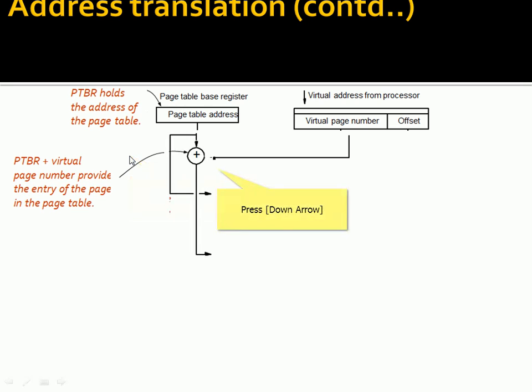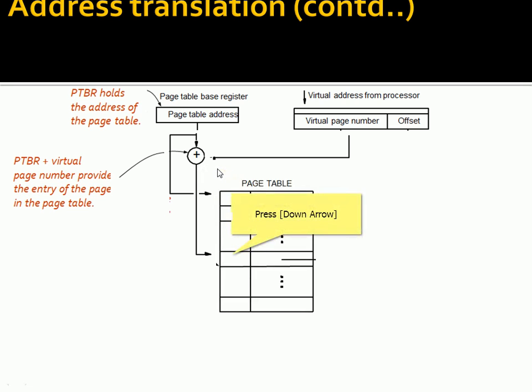The page table base register is the starting address of the page table. After adding the virtual page number, we get the correct location in the page table. I hope you are following. That is the correct location in the page table.